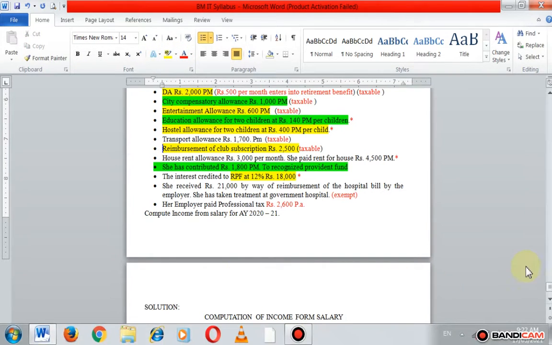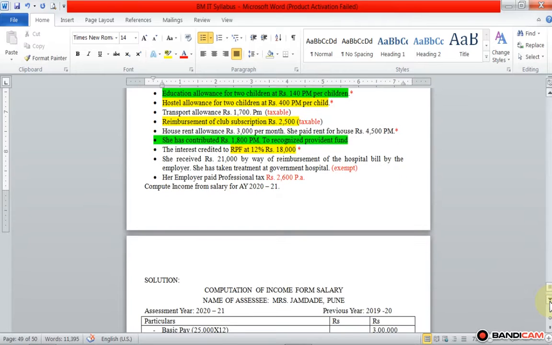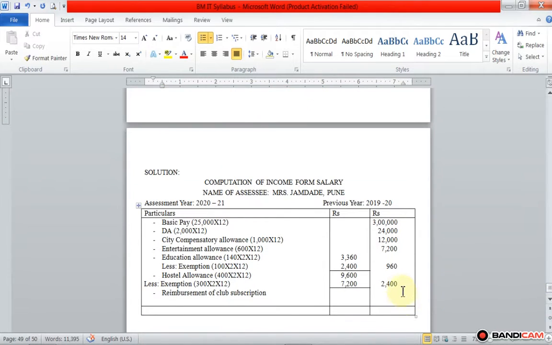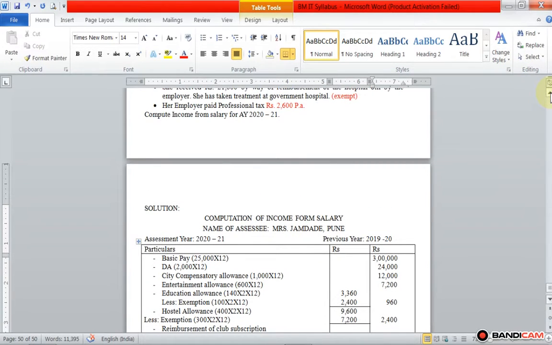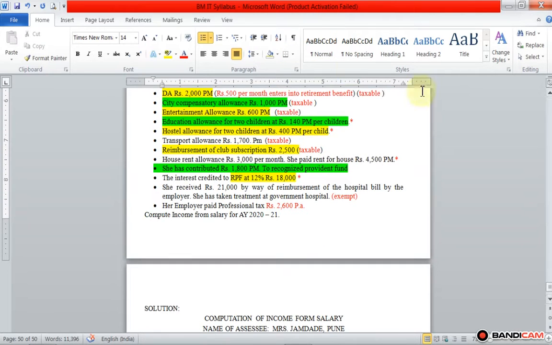So this is the taxable perquisite, 2,500. Here we did not take transport allowance into consideration, but transport allowance is fully taxable.